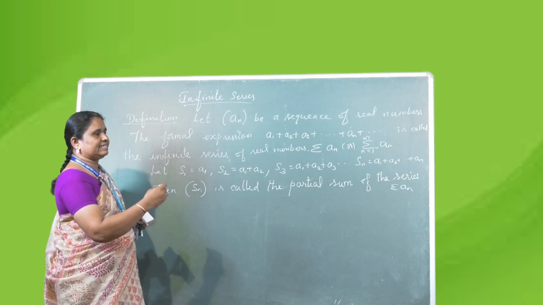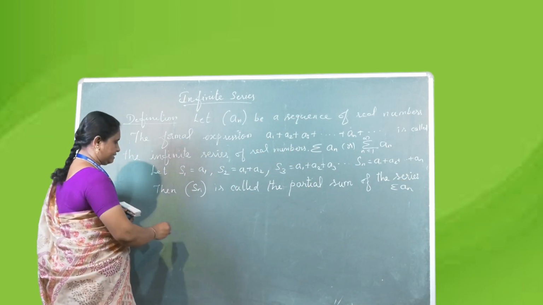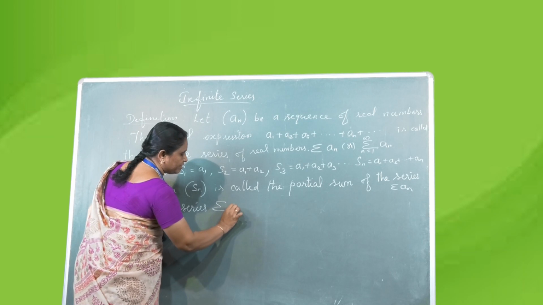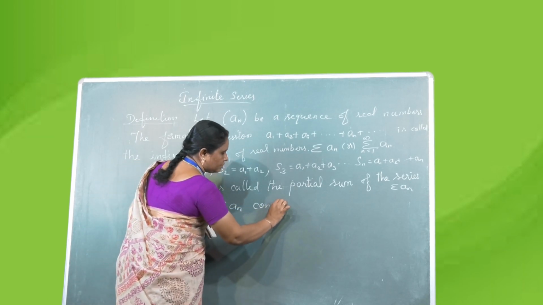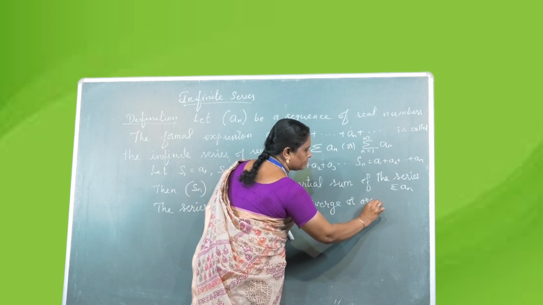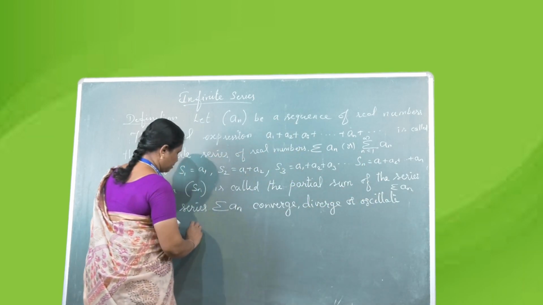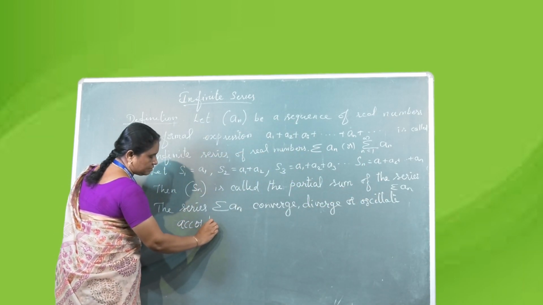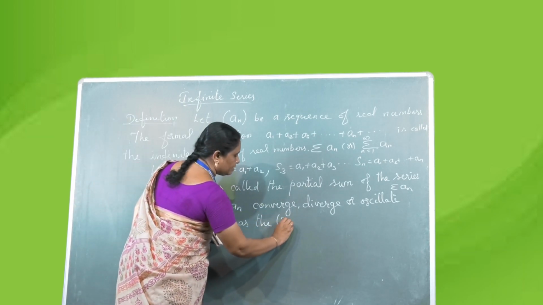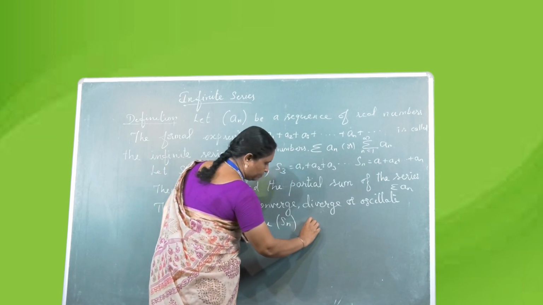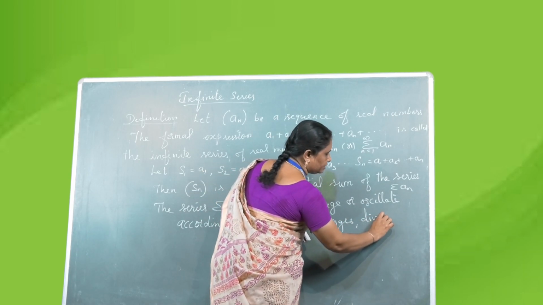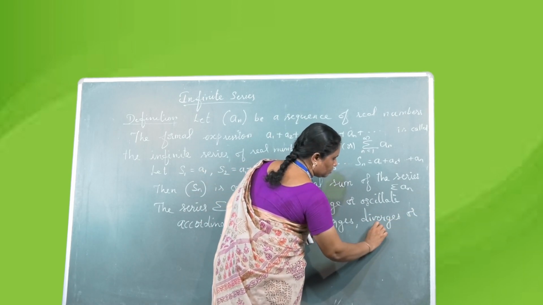Now the series converges, diverges or oscillates according to this partial sum. So the series summation an converges, diverges or oscillates according as the sequence sn converges, diverges or oscillates.